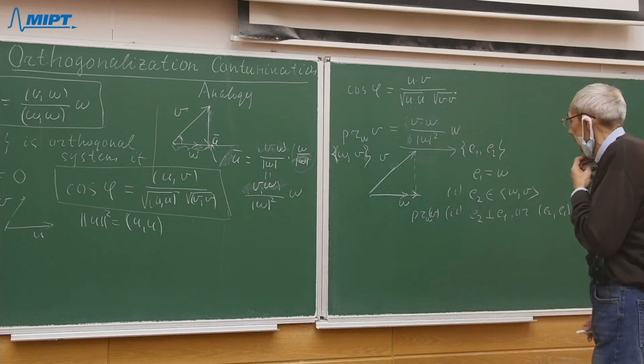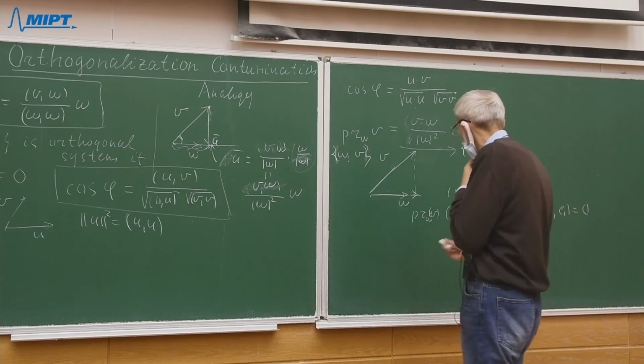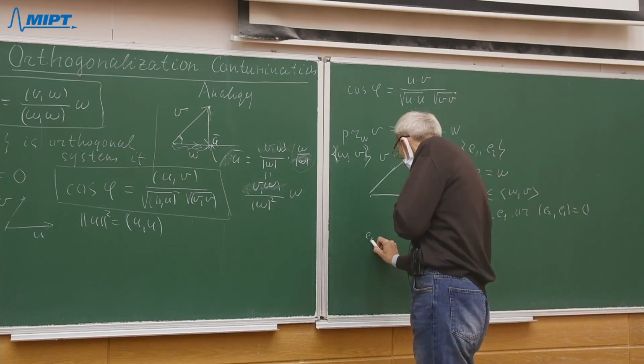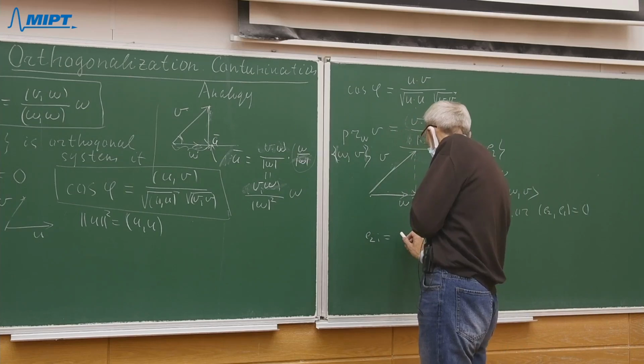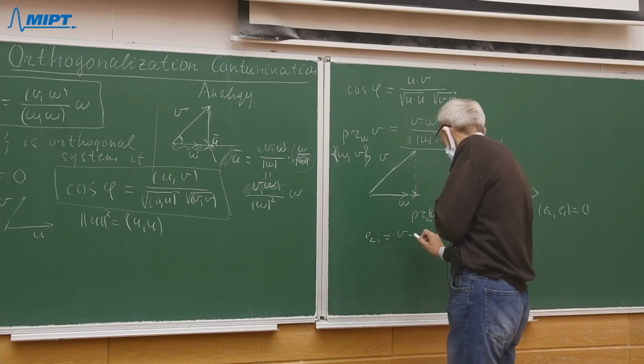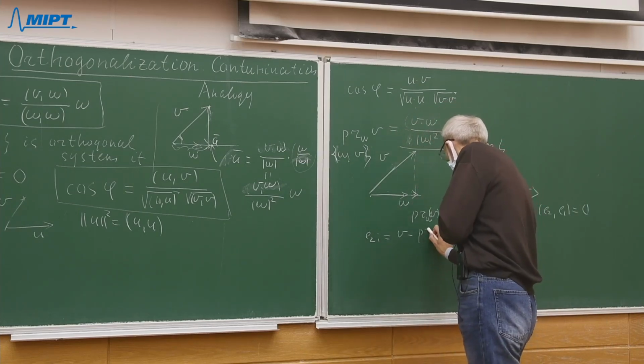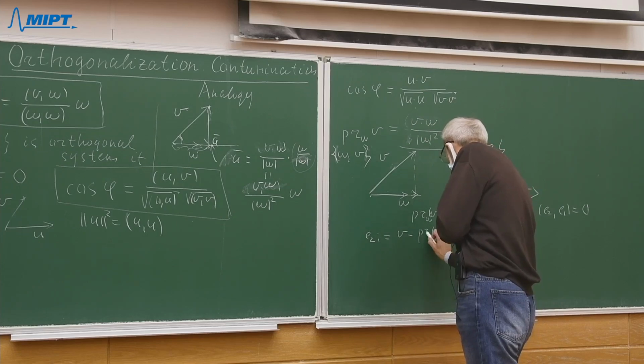And our vector e2 we can define as the difference between v and the projection of v on w.